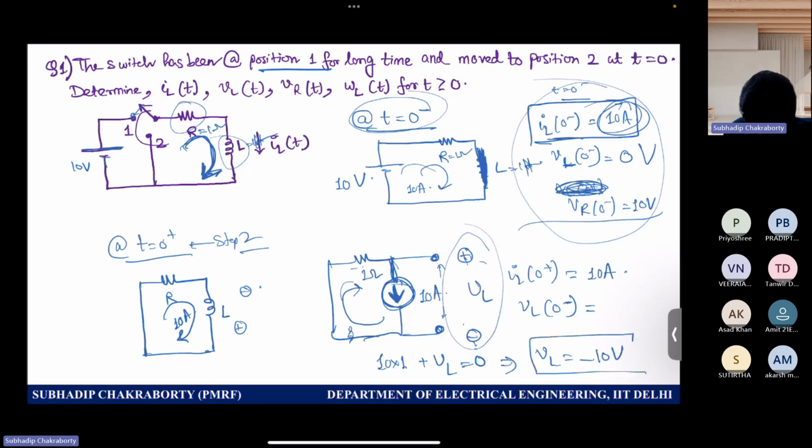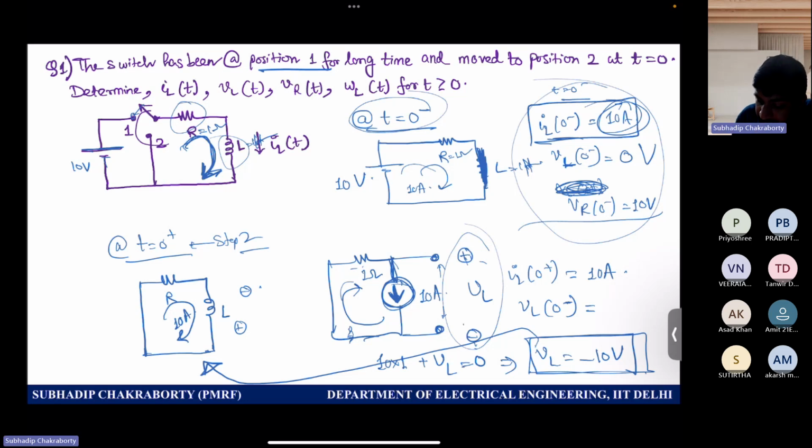The thing that I wanted to tell you here is that the inductor, to maintain the same current, actually reverses its polarity. And that's why this problem automatically gave me minus 10 volt. You see the beauty of this step? These steps are beautiful because they automatically give you the direction if you understand properly and do properly.